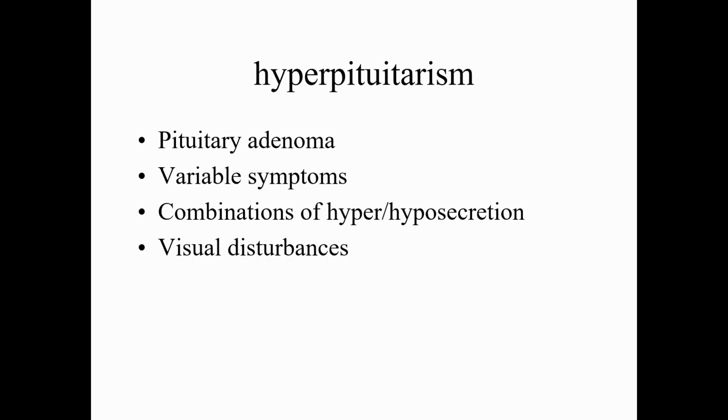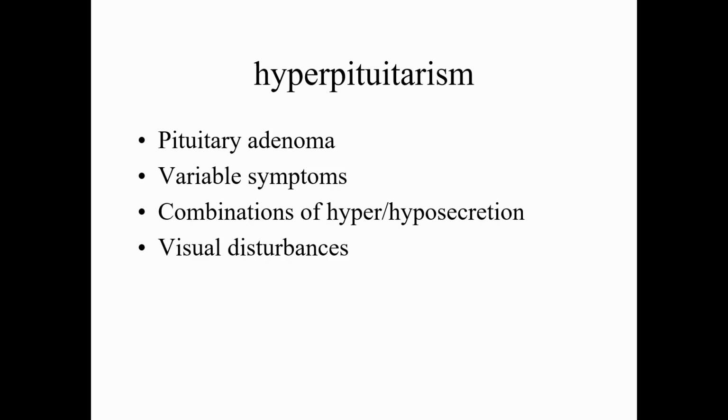However, again, let's say you have an adenoma, it's growing, it's going to compress healthy cells. So you could have some cells that are overgrowing and hypersecreting, and then you have other cells that are being compromised and basically squished, and then they hyposecrete.